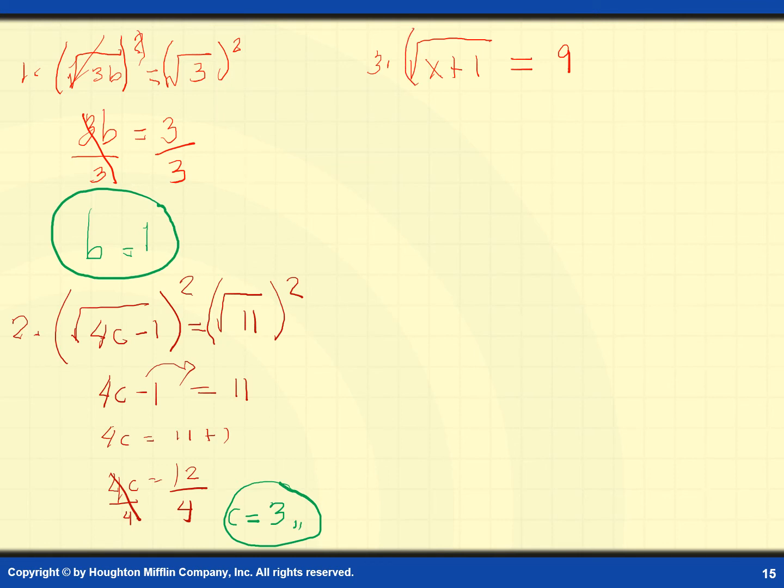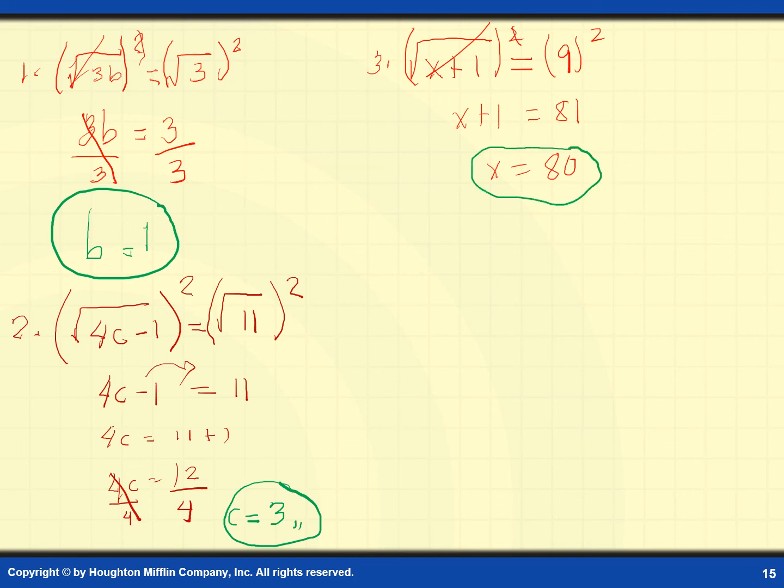And then, square natin both sides. Ayan. So, cancel. X plus 1 is equal to 9 times 9, that is 81. And then, x now is equal to, get the additive inverse of positive 1, that is negative 1. So, 81 minus 1, that is equal to 80. So, ibig sabihin, ang x natin ay 80.